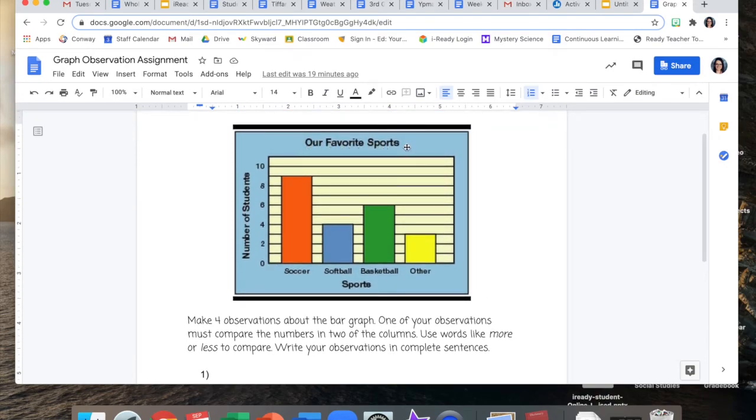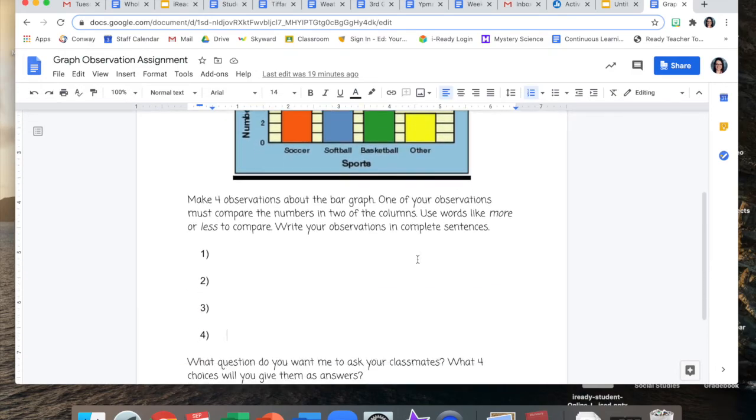Going back up, our graph tells our favorite sports. The scale on this side tells the number of students, reading that label. This label says sports, and here the choices were soccer, softball, basketball, or other. Other is a choice you sometimes see in graphs and things when it just means anything other than the choices I gave.